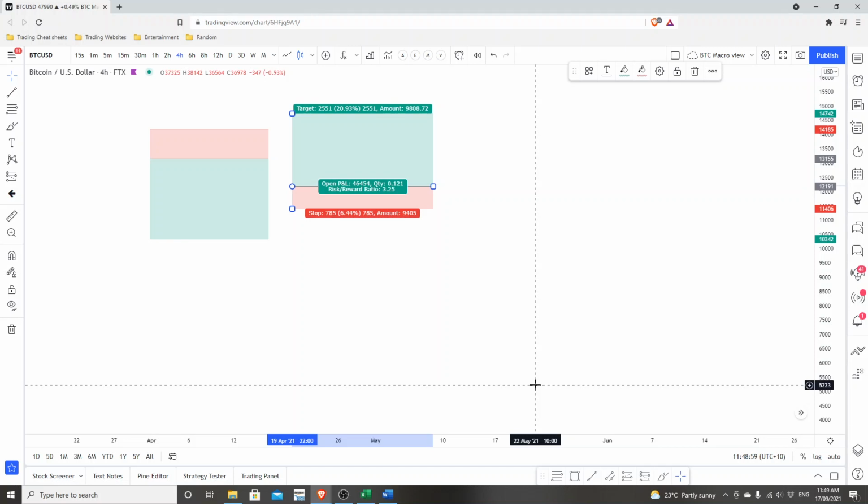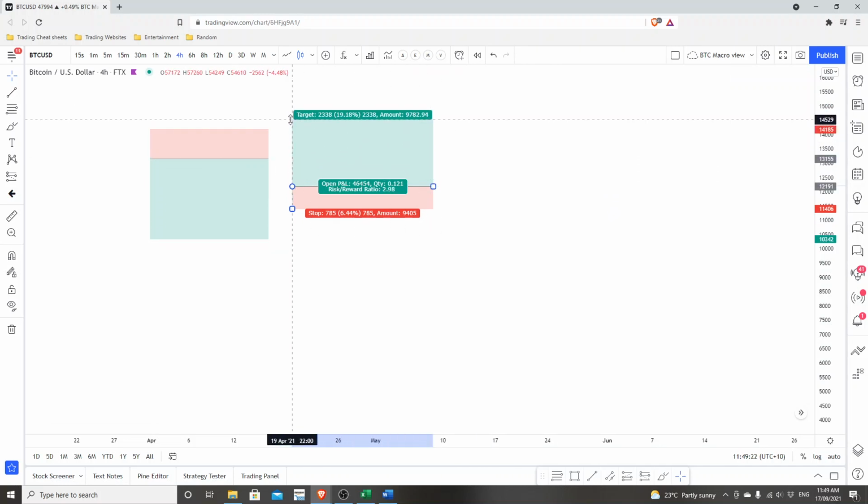A rule to follow for me is, if I have more than 4 losing trades in a row, I pretty much halve my risk. So instead of risking 1%, I'll risk 0.5% until I get back on track and make some money back. I can do that because I target at least a 2R ratio on my wins.